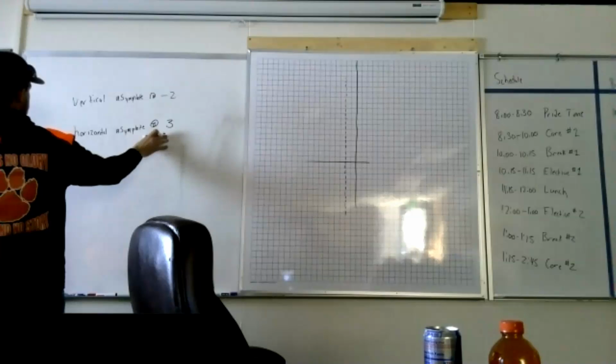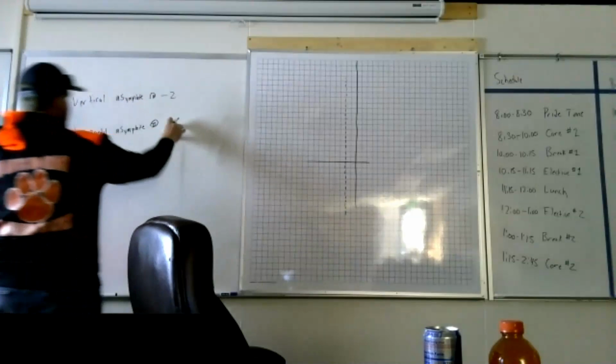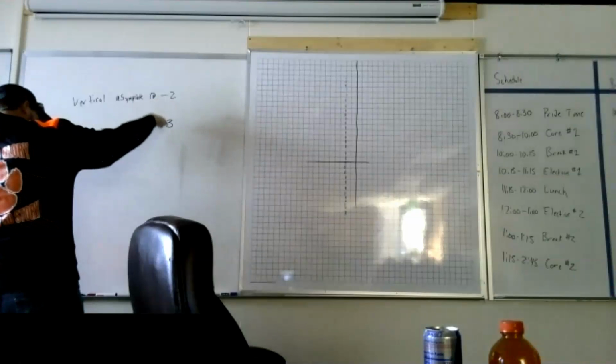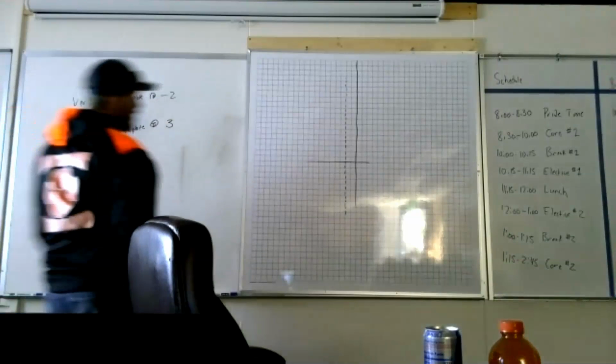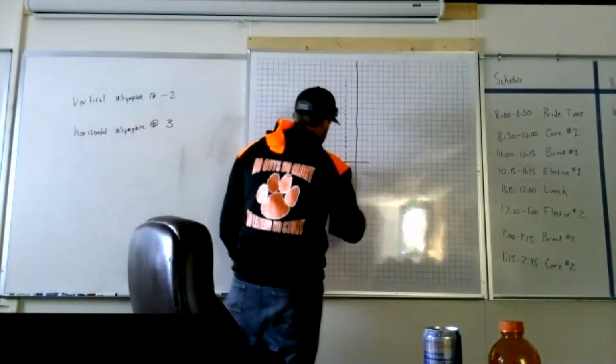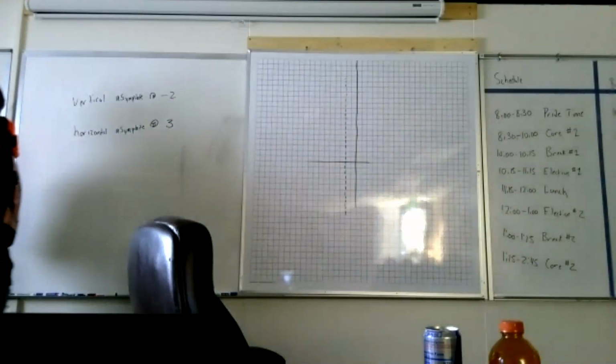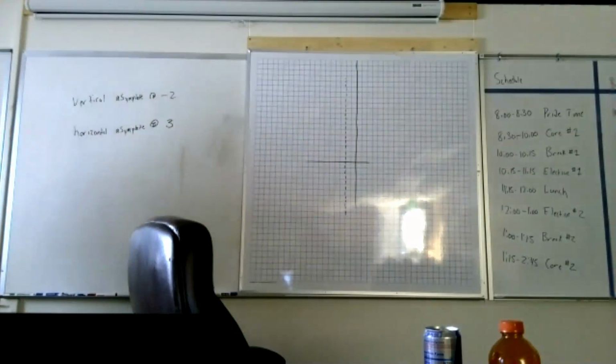It would be at 3, but because we have that -3, what that does is shift the horizontal asymptote down. So now our horizontal asymptote is at the x-axis. That's really the only addition that changes to these rational functions.